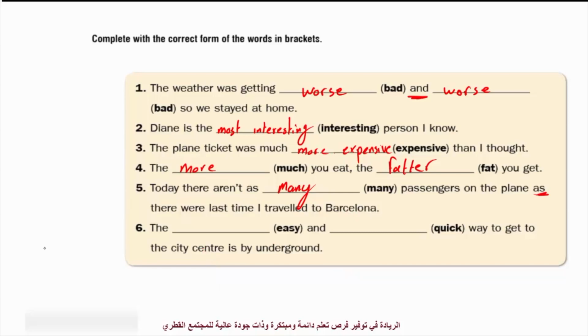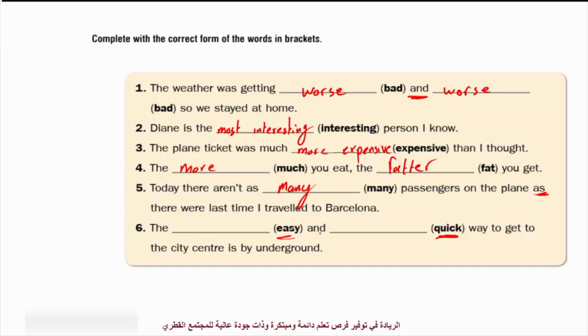6. The easy and quick way to get to the center is by underground. In this example, the speaker is trying to nominate one way out of many to get to the city center. This method has two qualities. The first one is being easy and quick. Since he's trying to compare this way to all the other ways to get to the city center, we need to use the superlative.